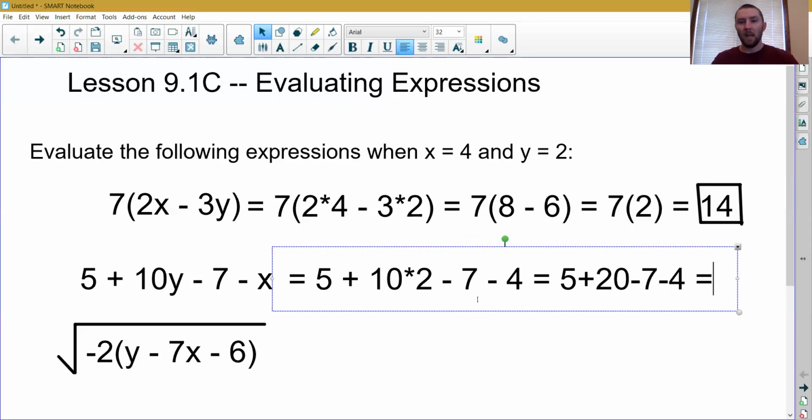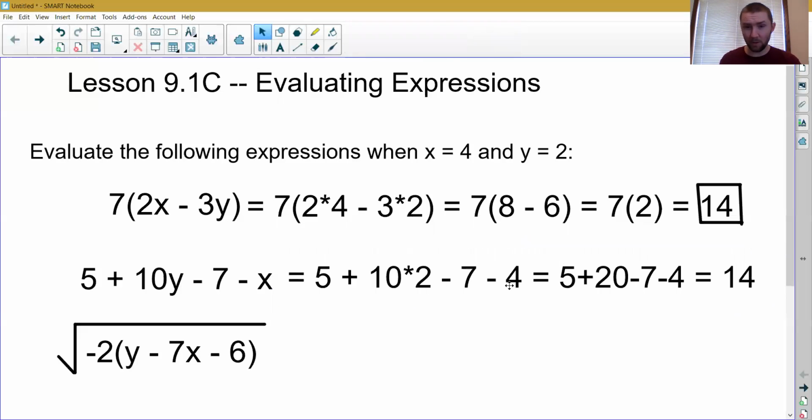When I have just addition and subtraction left, I don't have to do the addition first, even though in this case I will, because I'm just going to work left to right across this problem. 5 plus 20 is 25. 25 minus 7 is 18. 18 minus 4 is 14. So interestingly enough, this expression is also equal to 14 when x is 4 and y is 2. I promise the answer will not always be 14.